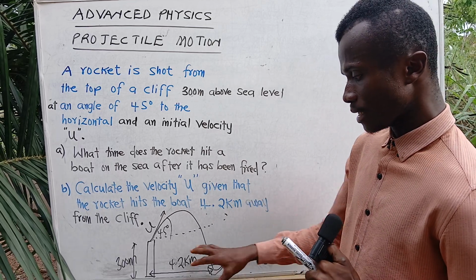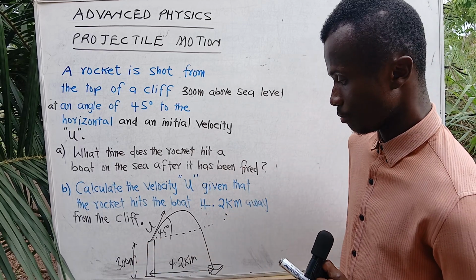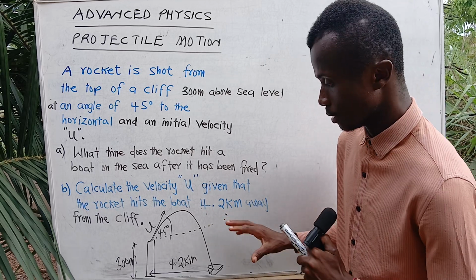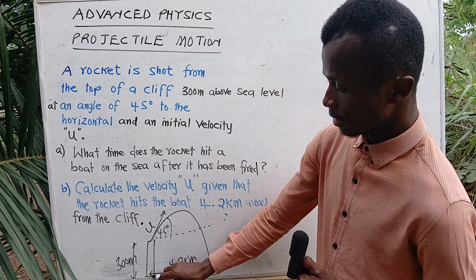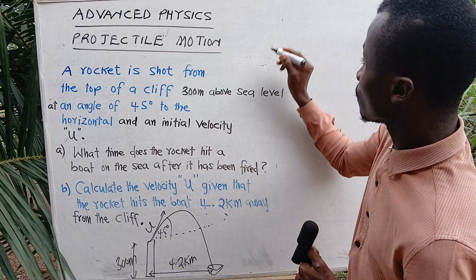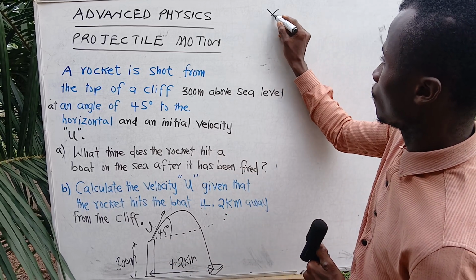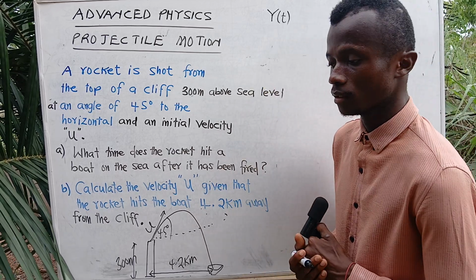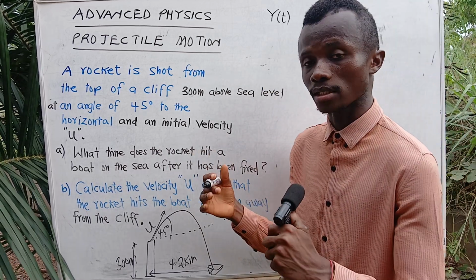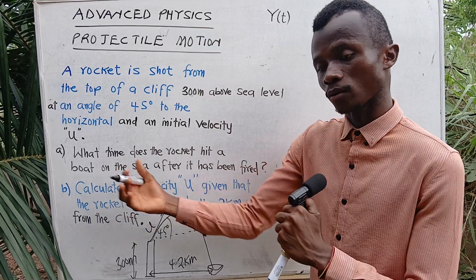So knowing these given parameters, you would know which equation to choose to solve it. Given the first vertical distance, let's write down the position function in the vertical direction. A projectile has two components, a vertical then a horizontal.